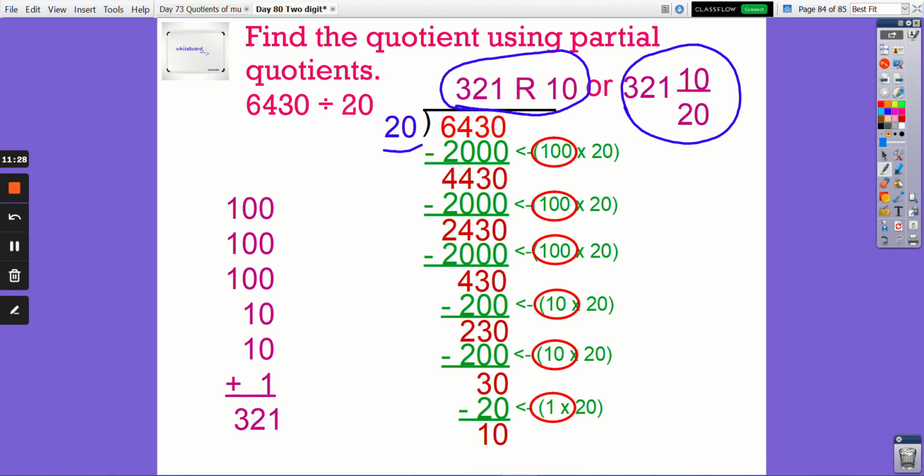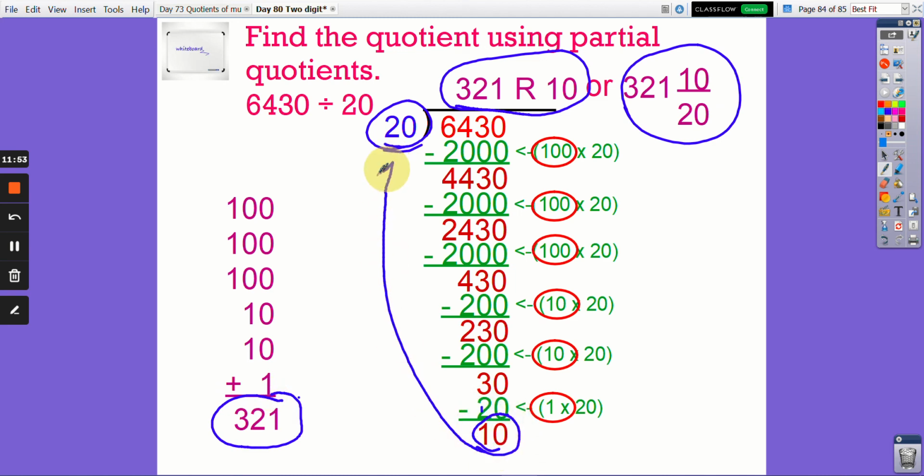So again, think about easy numbers that you can pull out, multiples of 10. We're not always going to work with multiples of 10 as our divisor. So we have to think about that. When we are pulling these out, remember that we need to add them up, and this gets us our quotient. And if there's anything left over that is smaller than your divisor, that becomes your remainder.